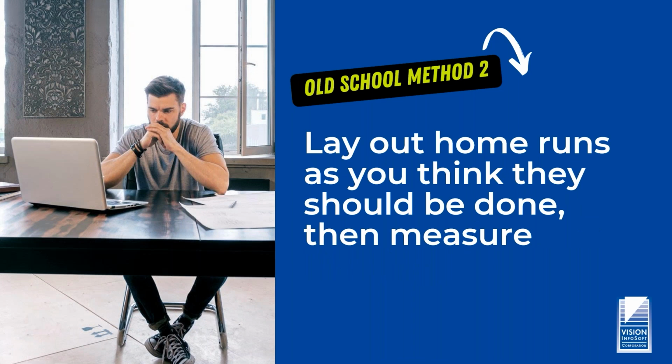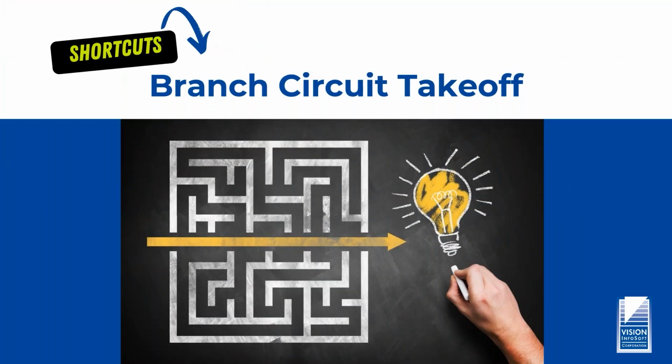The other part of the branch circuits are the home runs. And again, the old school way that I was taught was to take off the home runs as they were shown in the drawings, measure them the way they're shown in the drawings, or lay them out if they're not shown.